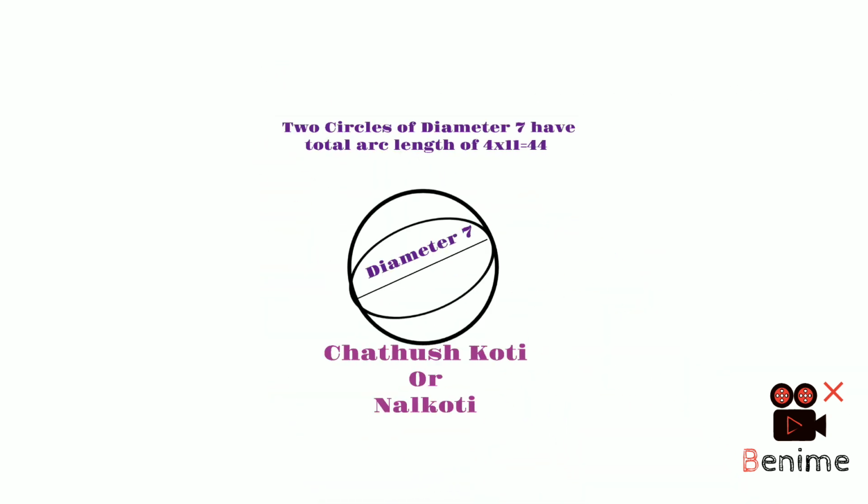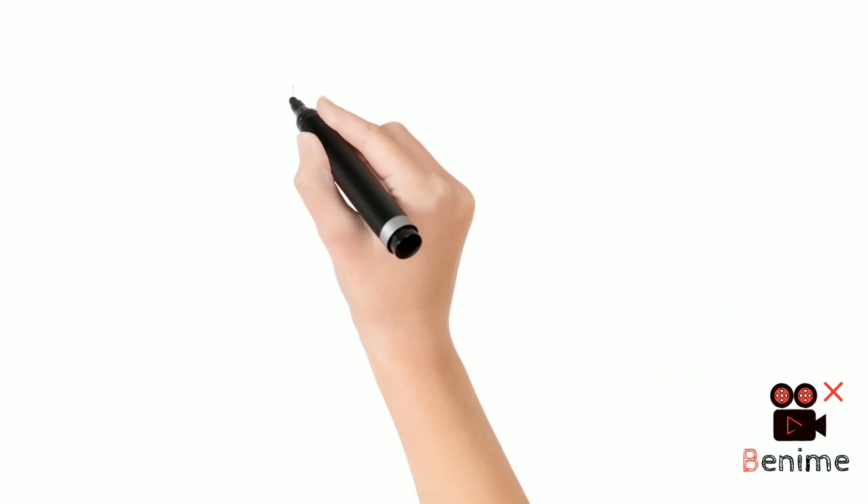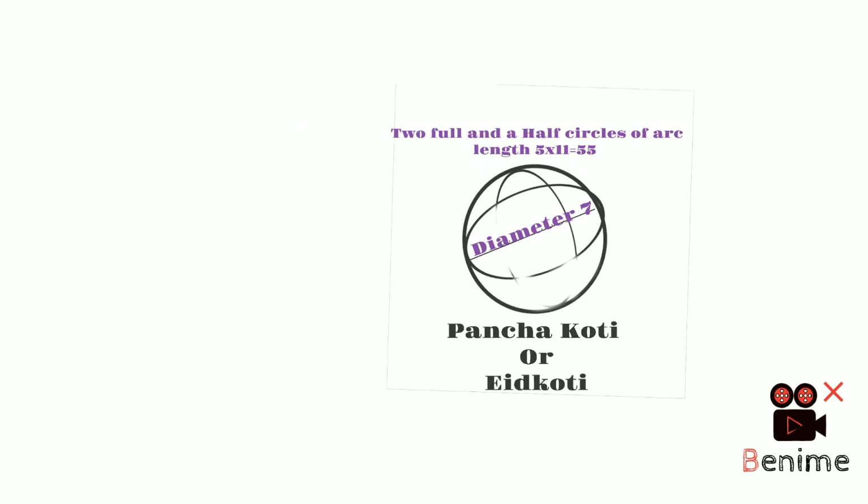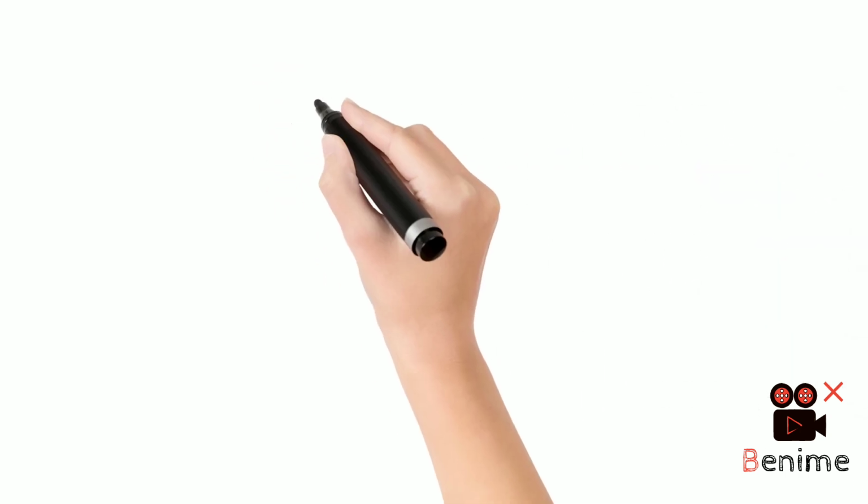And if you have 4 or 5 kotis, this is how they look. They're not very perfect structures.